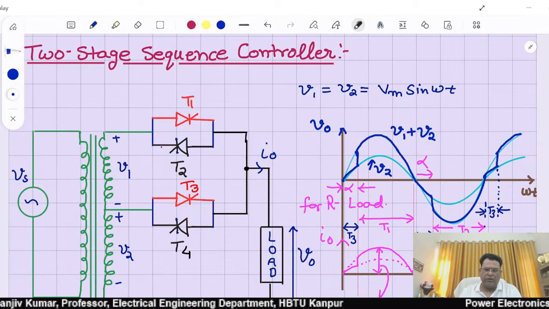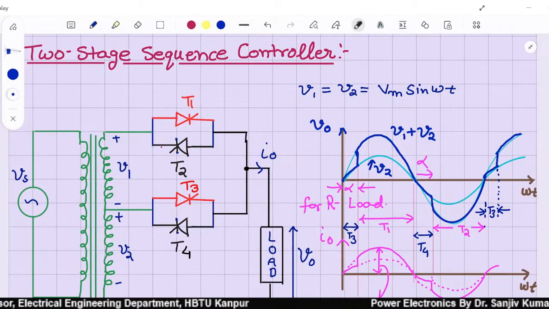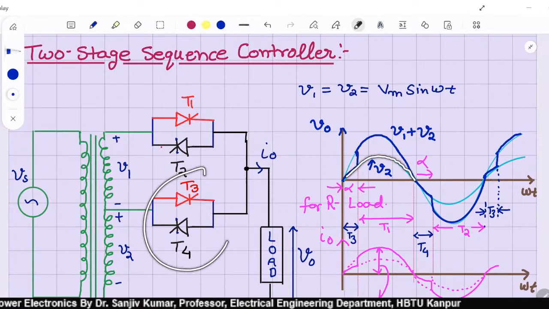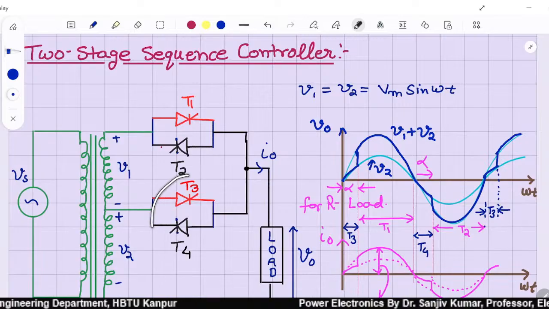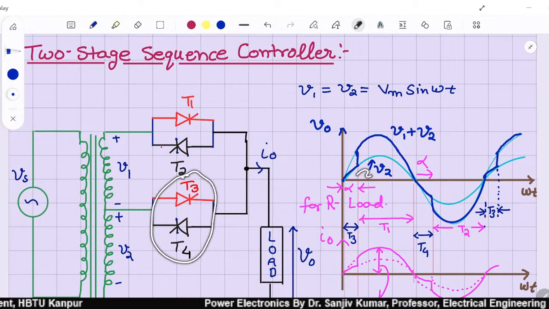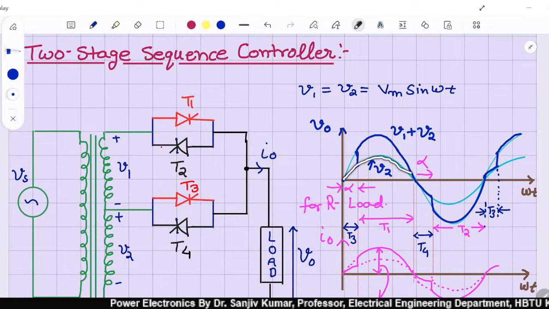That means we want to control the voltage from 50% to 100%. So for that, this controller, T3 and T4, must be on at 0 degree. These T3, T4 must be on at 0 degree, right?